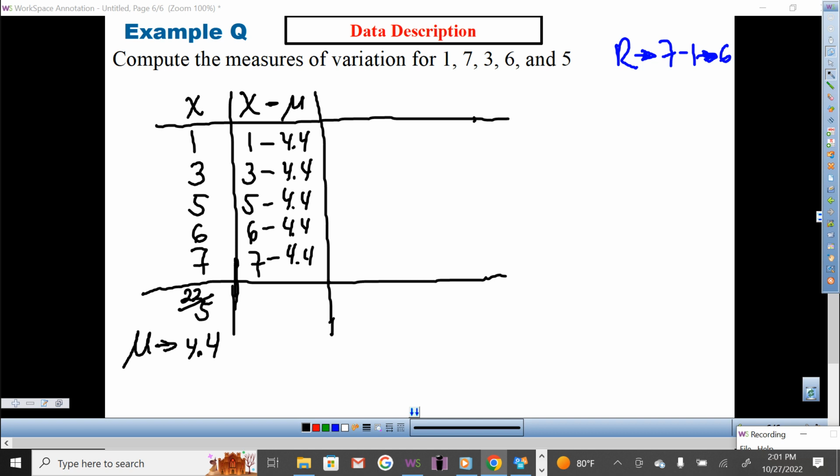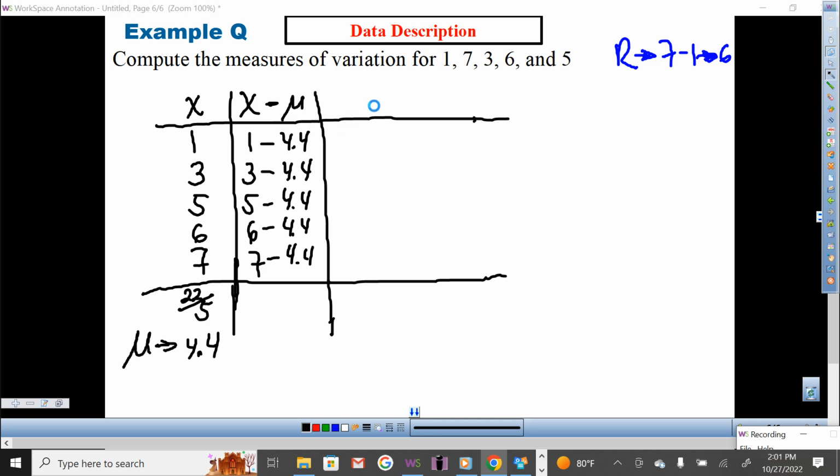All right. So get your calculators ready, please, so you guys can help me with that part. All right.